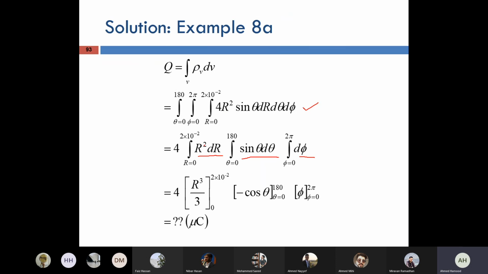For example, r squared becomes r cubed divided by 3 from 0 to 2 centimeters. Then sine theta becomes negative cosine theta from 0 to 180. Then phi from 0 to 2 pi. Then I will solve. Can you calculate this? Let me know what it is equal to.